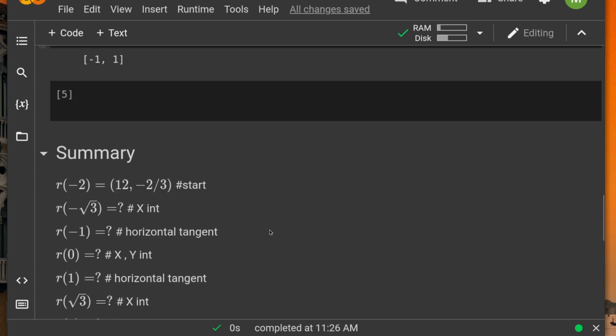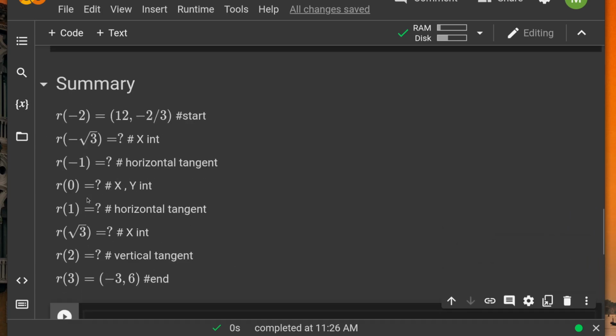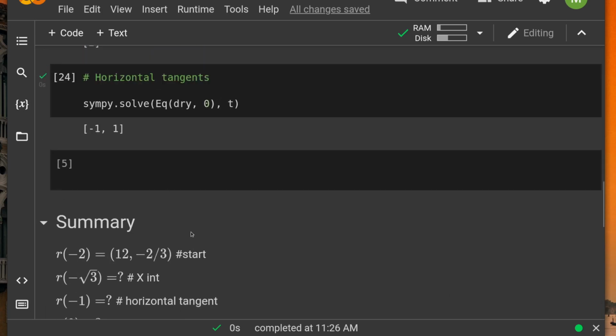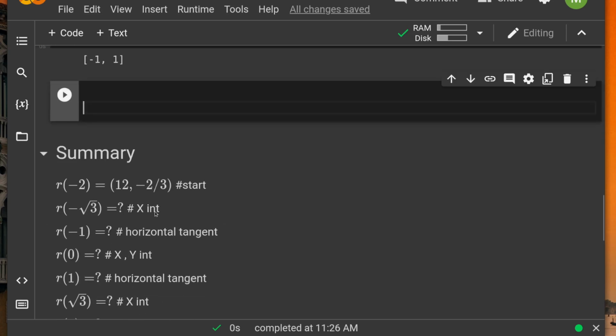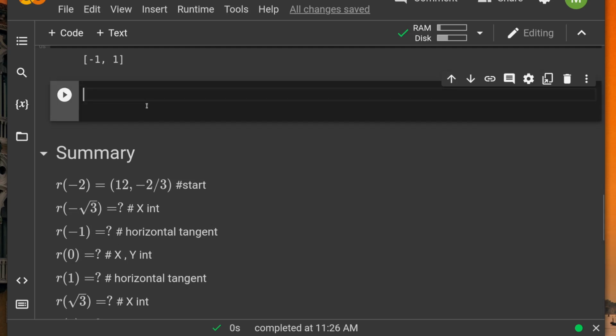So now we've solved for the parameters where all the interesting things happen, and now we can actually work out the points. So let us do that. Let us work out the coordinates of the point corresponding to the parameter minus square root of 3. So let's take the expression for r, and we substitute the parameter for t.